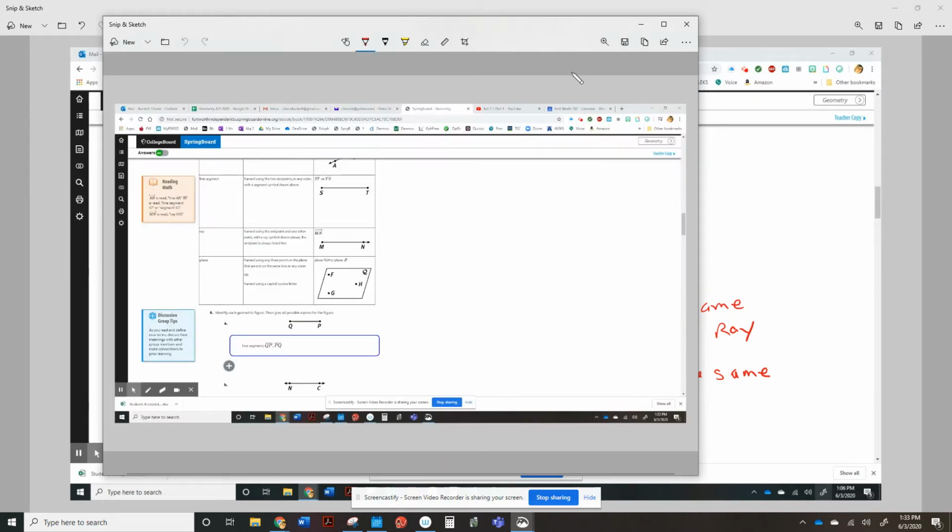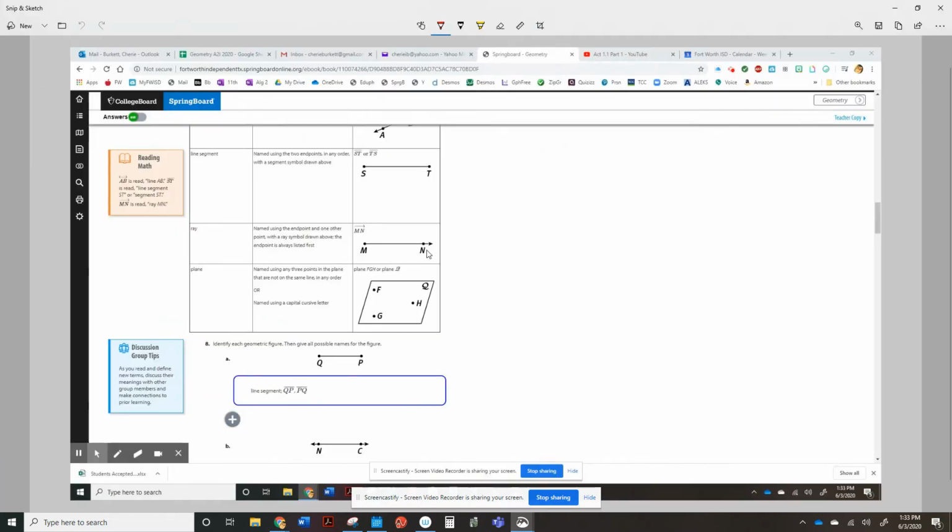Okay. So on this one, if I'm going to put a dot, try to put a dot right there. Okay. Put that dot right there. We'll call that dot T. Okay. Now it looks like those three dots line up.